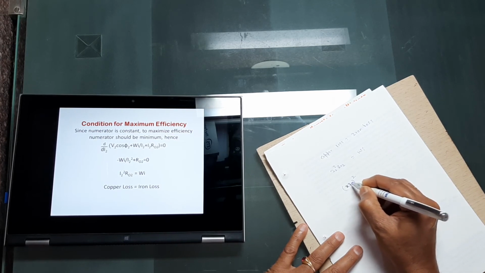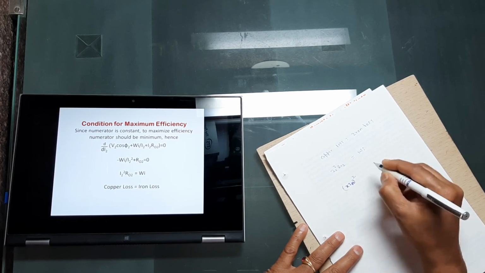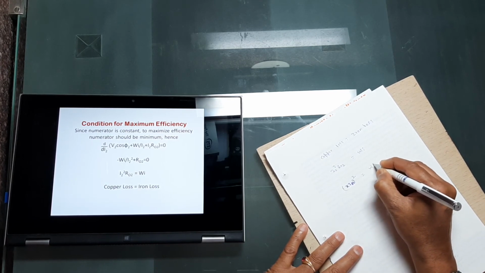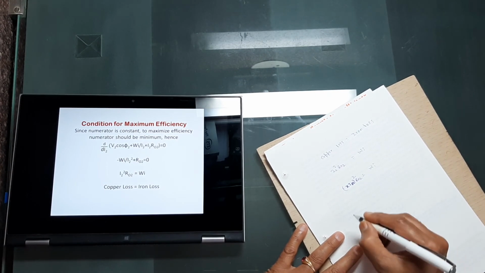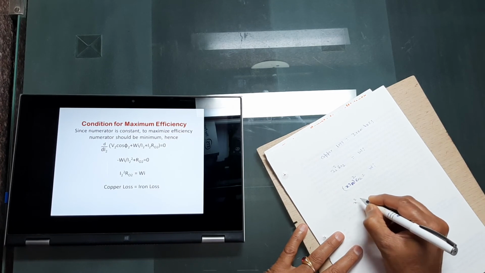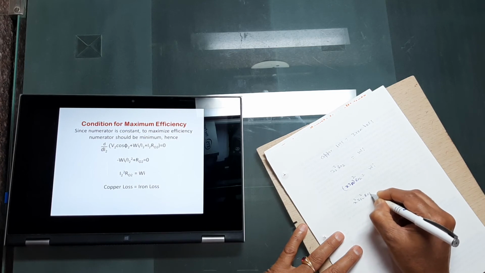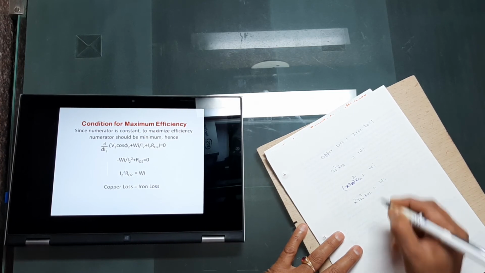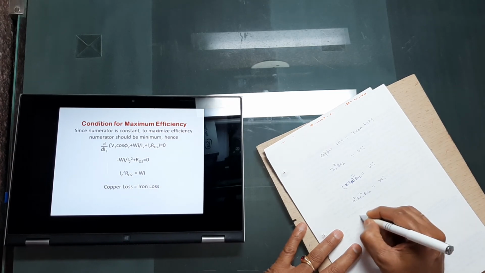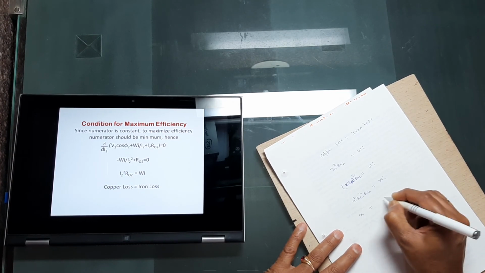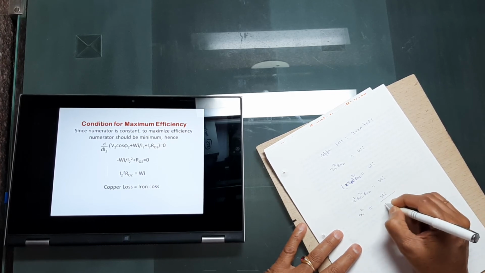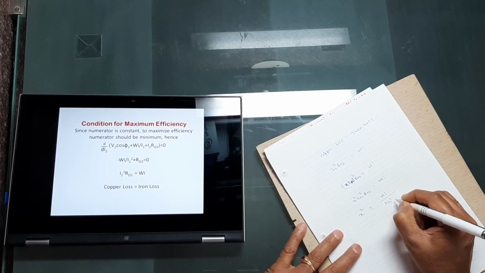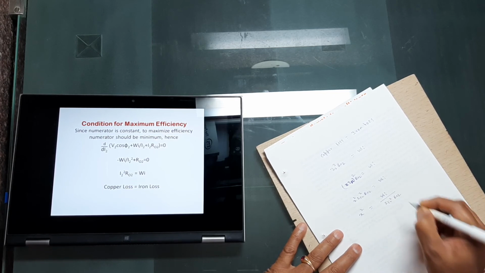That is, x times I full load, whole square, into RO2 must be equal to Wi. Therefore, what I am getting here is x square I full load square RO2 is equal to Wi. Therefore, x square is equal to Wi divided by I full load square into RO2.